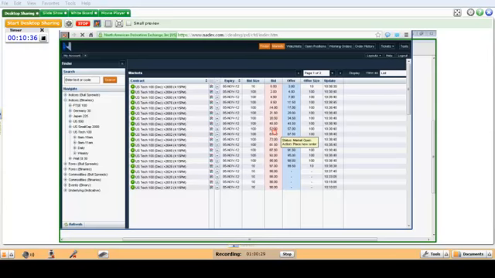Why? Because there's a 50-50 chance at expiration that it will be in the money. It could go up or it could go down, and since it's flat right now at that price, there's a 50-50 chance.